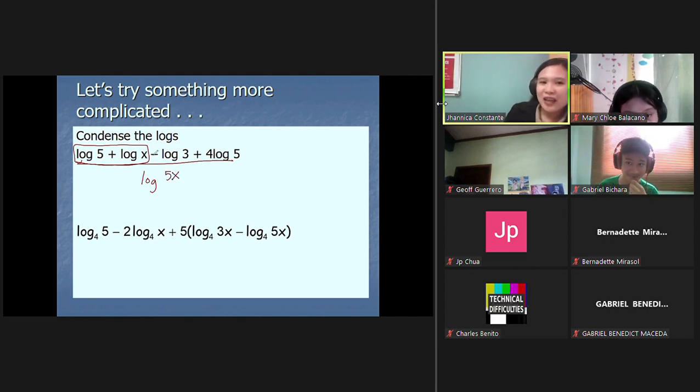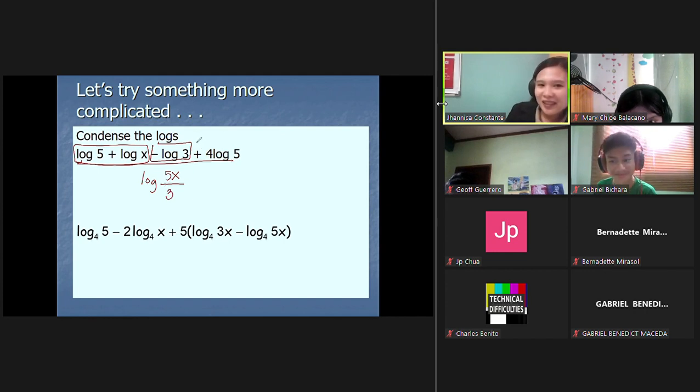Okay. After that, let's proceed with this one, combining the minus logarithmic 3. Since it's minus, that means it's a quotient rule. So divided by 3.